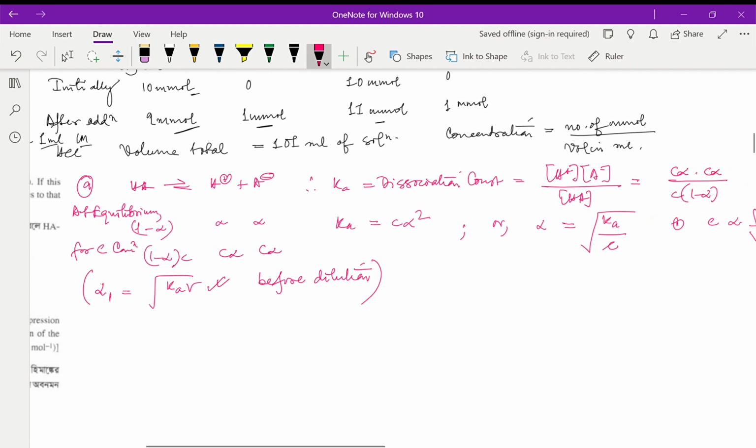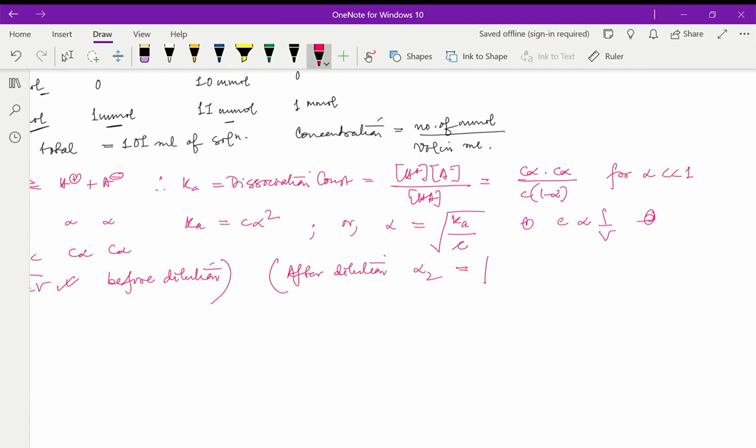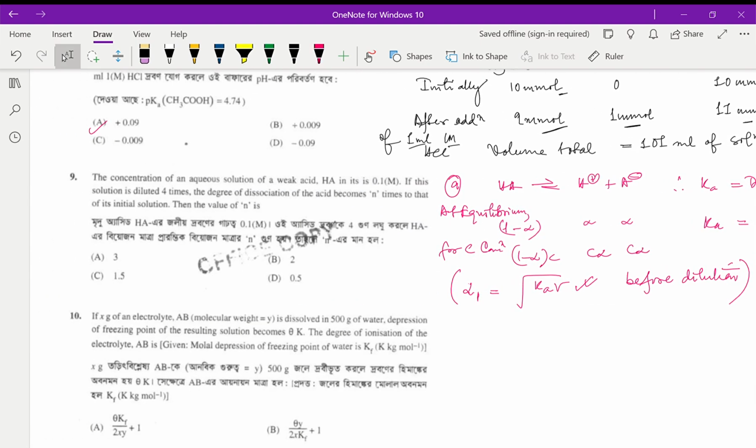Now after dilution, it becomes alpha 2. Ka cannot change, so Ka remains as Ka. So this becomes V prime. How many times have you diluted? What does the sum say? It has been diluted 4 times.